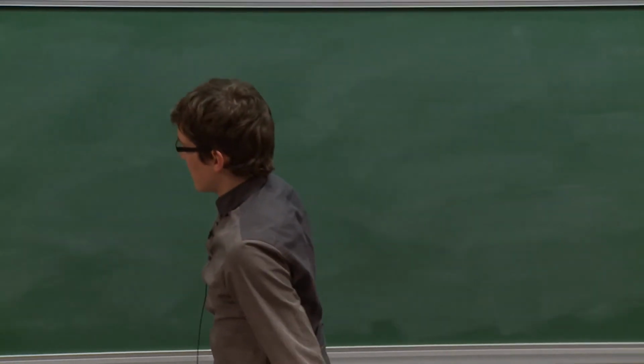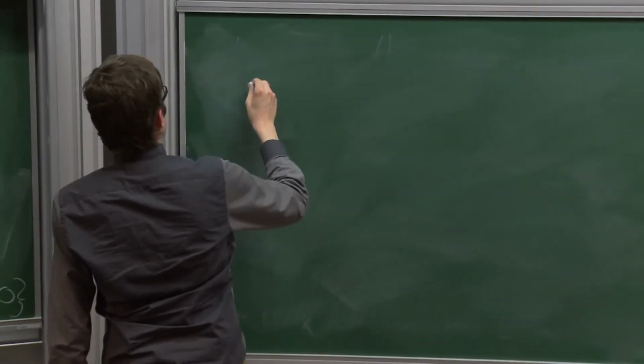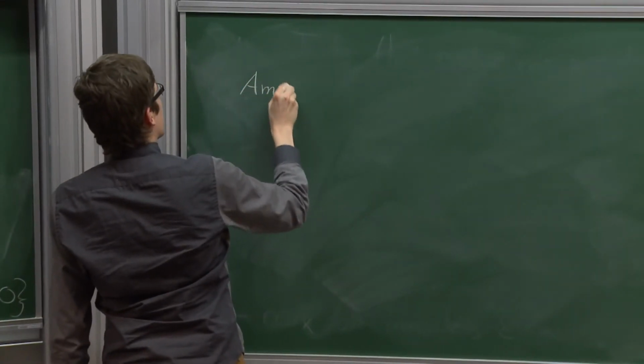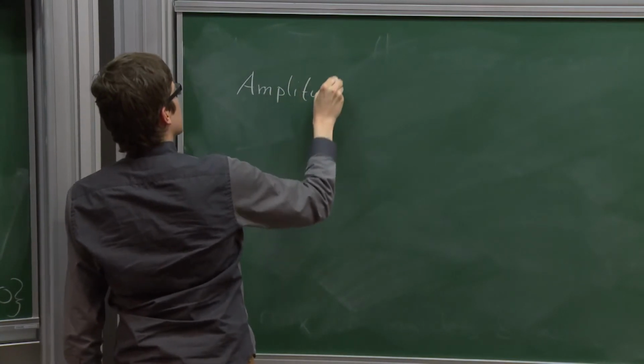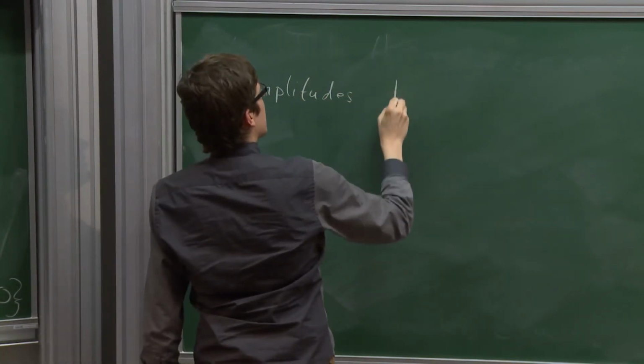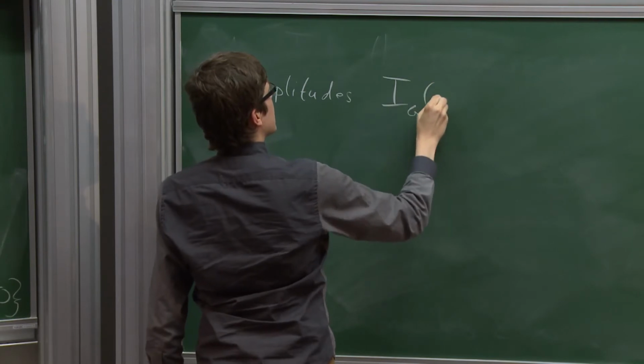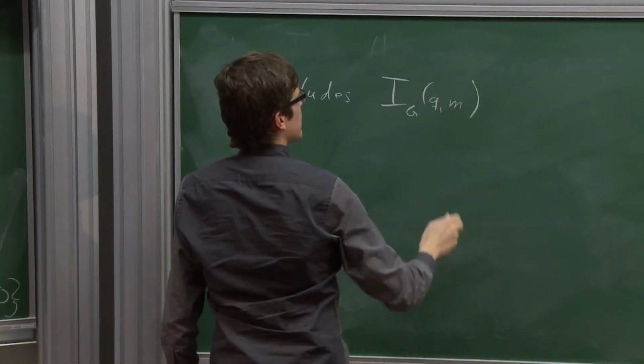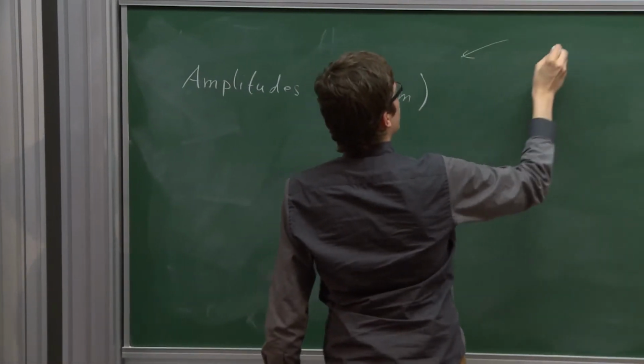And so we have the amplitudes I_G, which of course come from the graph.